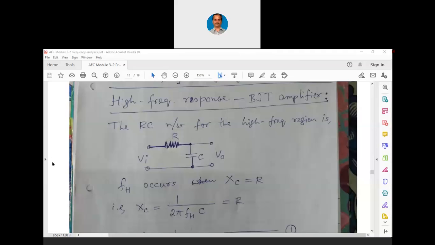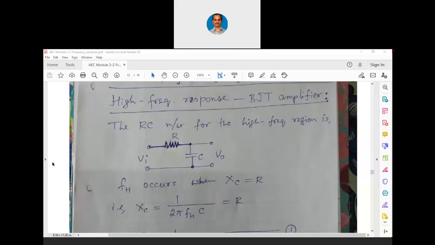Now in case of a high frequency response, we have these parasitic capacitances which are internal to the device, and signal gets leaked through these capacitances. Signal may go to ground because of these capacitances, or signal may go to output directly without passing through the switching action of the transistor.